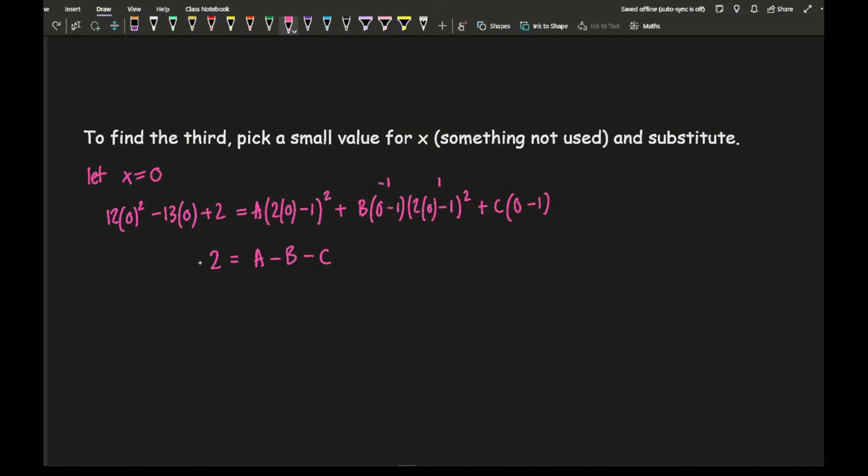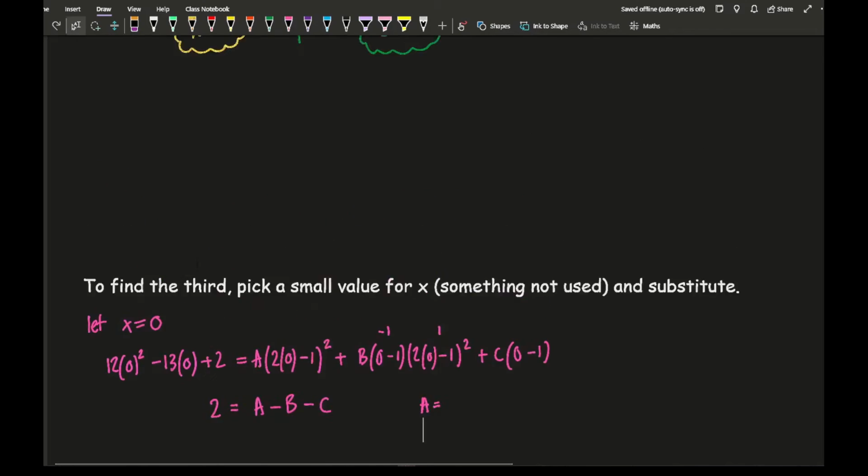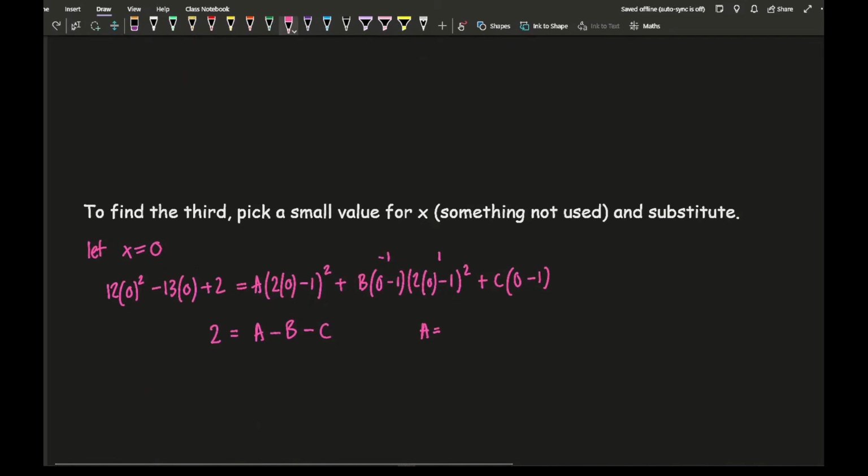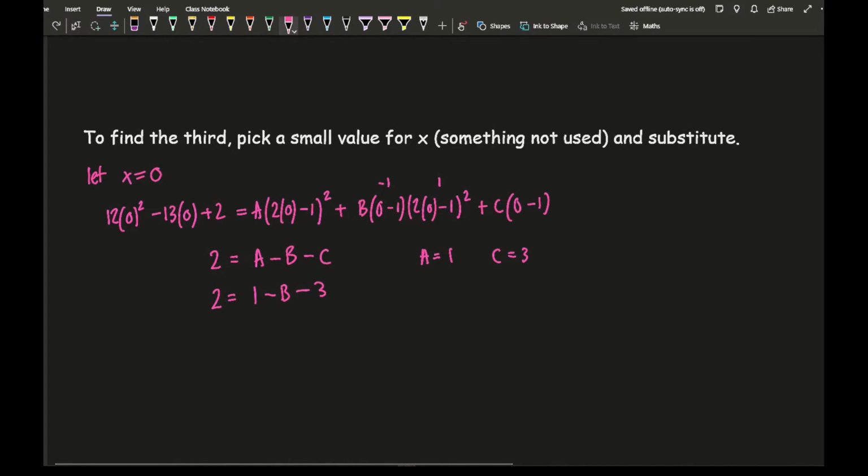Now from this I know that a equals 1 and c equals 3. So substituting those numbers in, I get 2 equals 1 minus b minus 3. And if I take all of those numbers to the other side, so I take away 1 and plus 3, then that gives me a value of b equals 4.